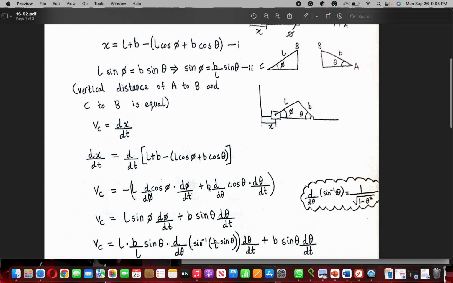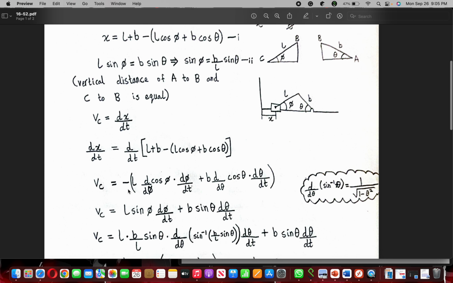So when we use the chain rule, we get negative, and in brackets L d over d phi of cos phi times d phi over dt plus b d over d theta of cos theta times d theta over dt. This is the chain rule we have used over here.